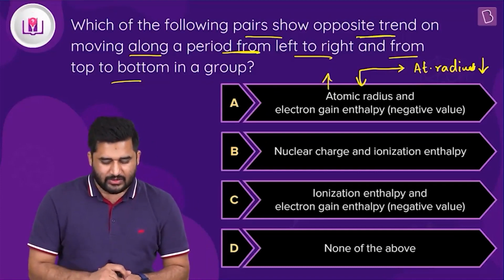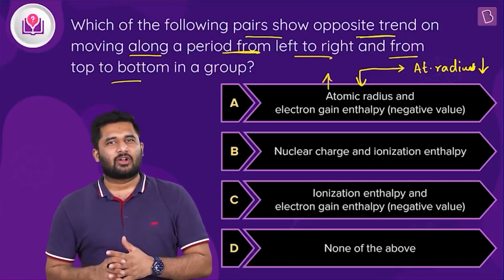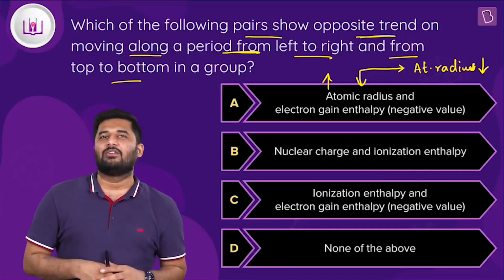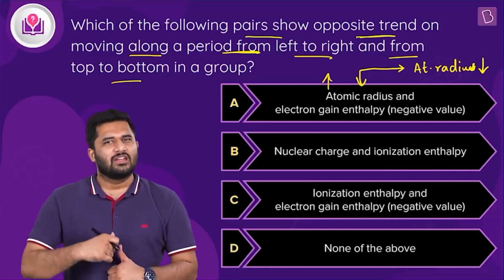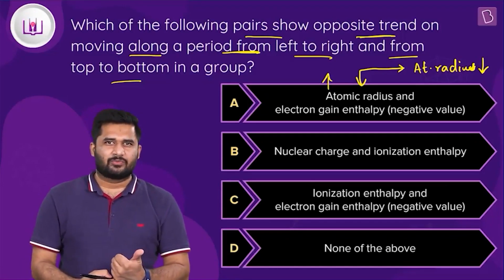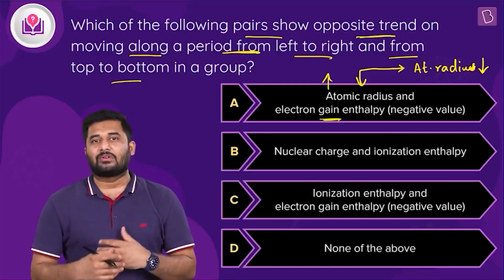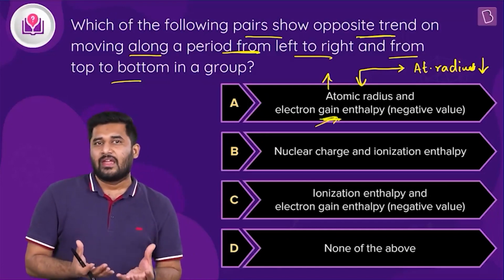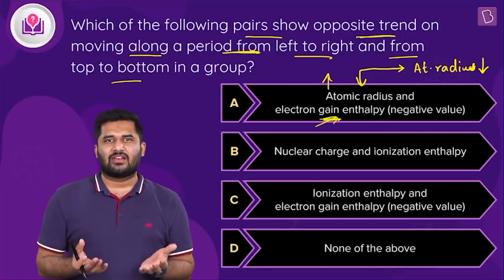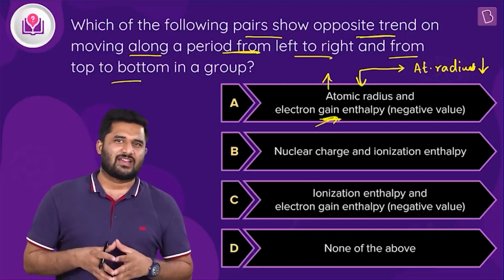Clear? Now about electron gain enthalpy, we know that as you move from left to right in a period, the electron gain enthalpy, basically the negative value, increases, and the reason is because of increase in the effective nuclear charge value. Electron gain enthalpy is the amount of energy released when an extra electron is added from outside to the valence shell of an isolated gaseous atom.